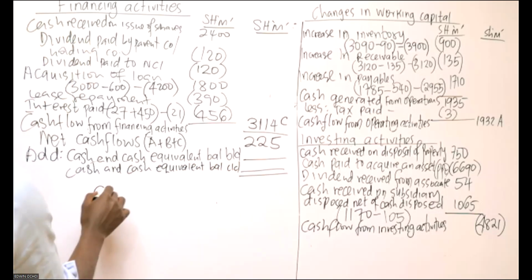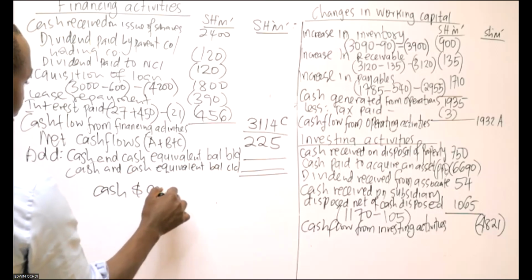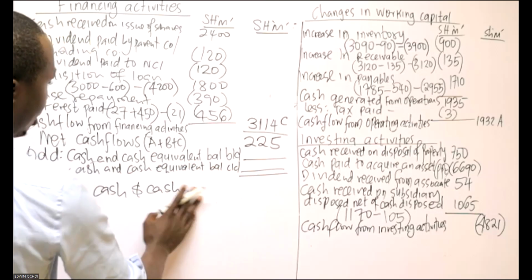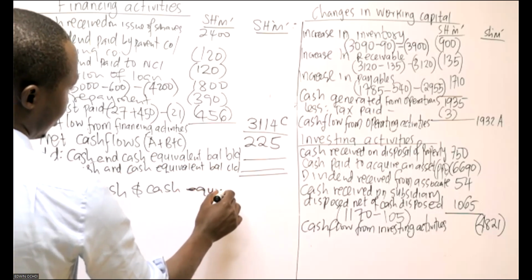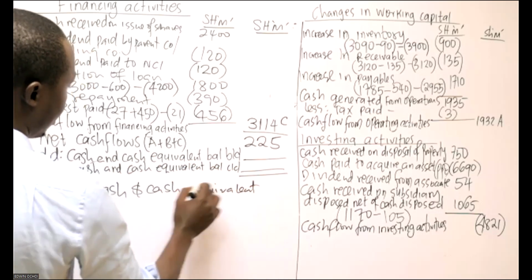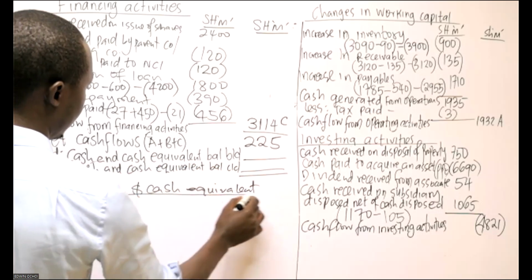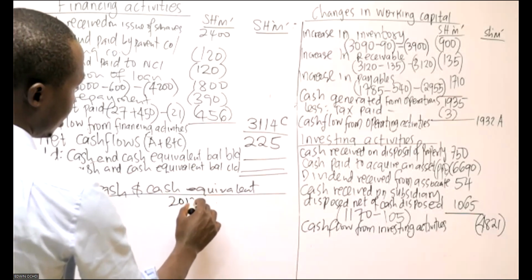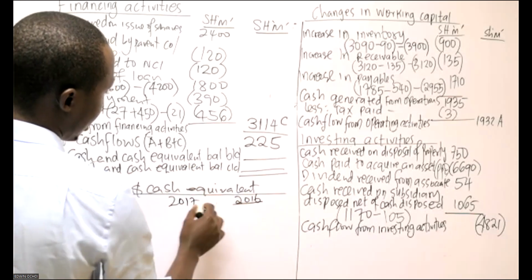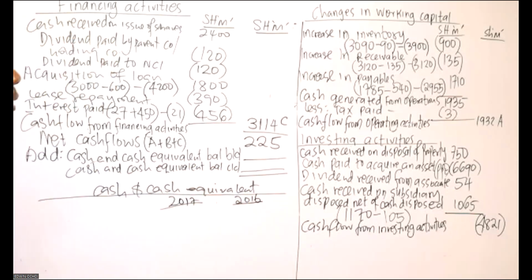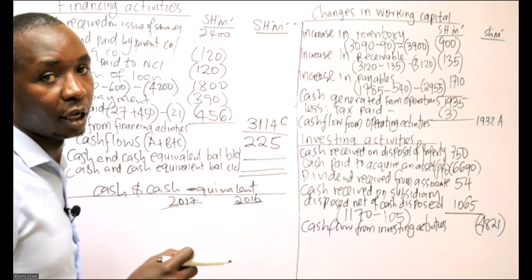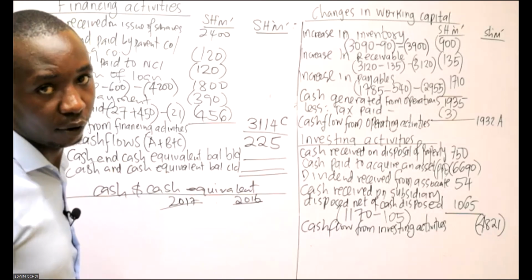So cash and cash equivalent, we do our working so that we combine all of them, the ones which are available there. So cash and cash equivalent, we just say 2017, 2016. You know the items of the cash and cash equivalent, the components: cash at bank, cash in hand, short-term investment like financial asset at fair value, and bank overdraft.